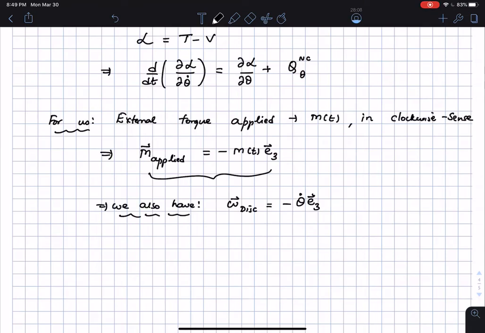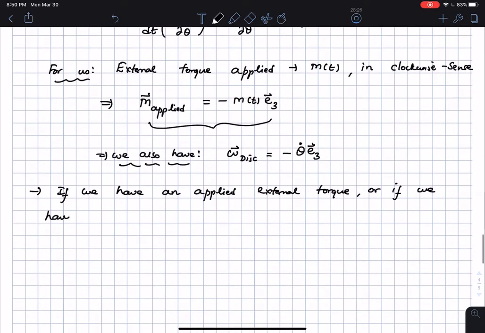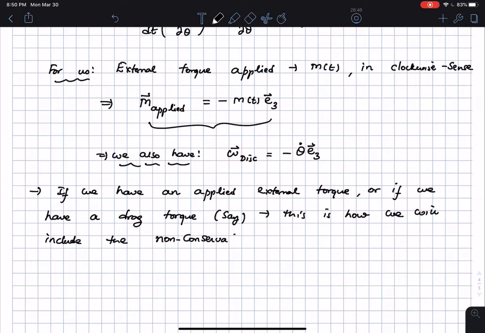If we have an applied external torque, or a drag torque, say, this is how we will include the non-conservative generalized torque.